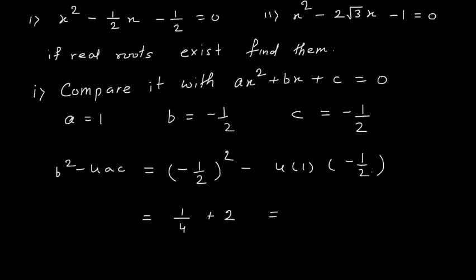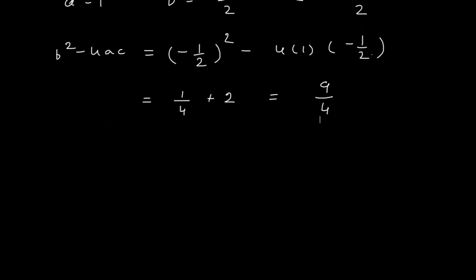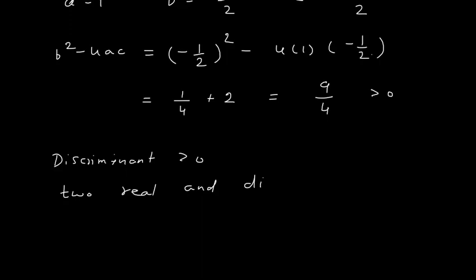So this is 2 4s are 8 plus 1, 9, it is 9/4. b² - 4ac is 9/4. So this is a positive value. So we will say that as the discriminant is greater than 0, we have two real and distinct, or two real and different roots.